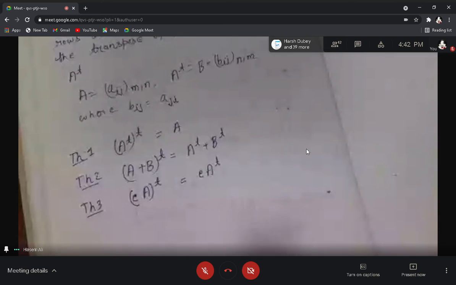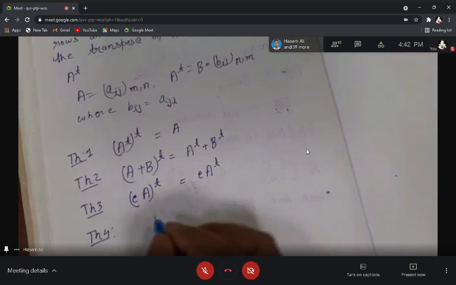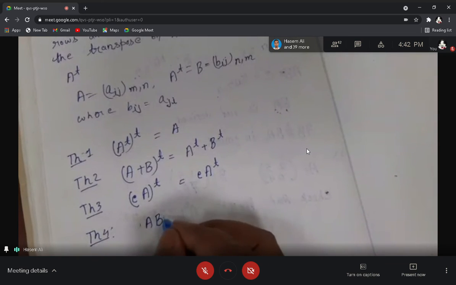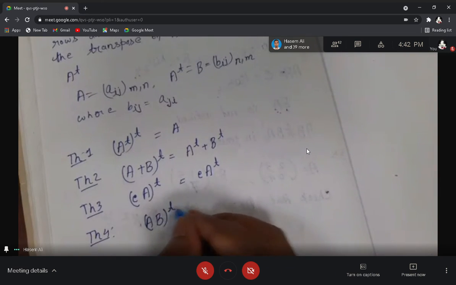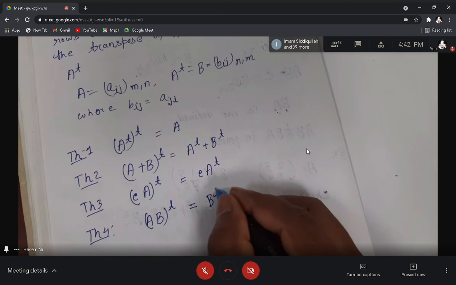Now theorem 4: (AB) whole transpose is B transpose into A transpose.